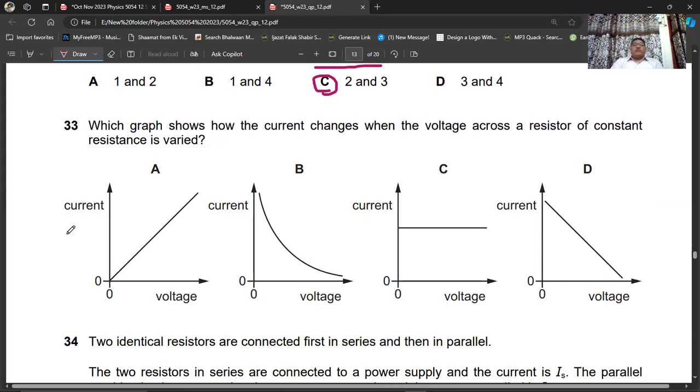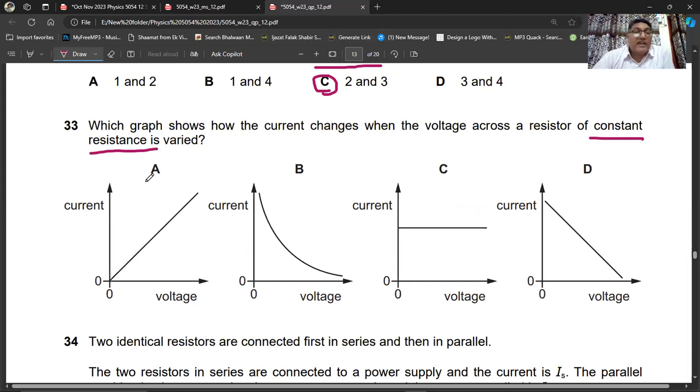Question number 33. Which graph shows how the current changes when the voltage across a resistor of constant resistance is varied? The resistance is constant, so it will be an ohmic conductor. And the current-voltage graph of an ohmic conductor should be a straight line with a positive gradient passing through the origin.